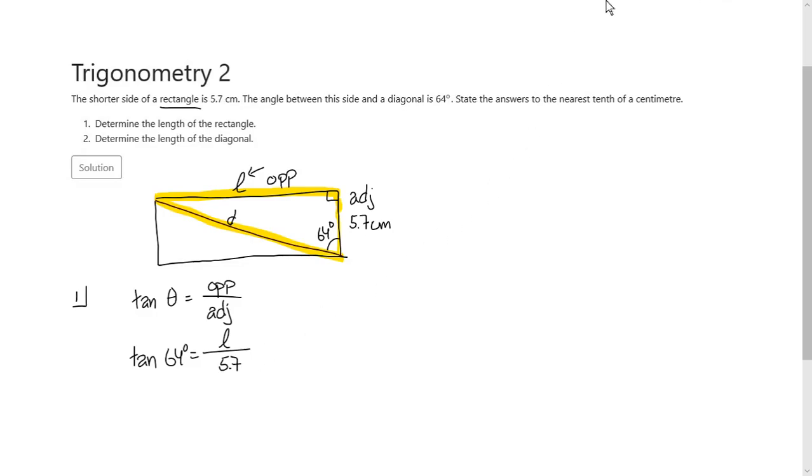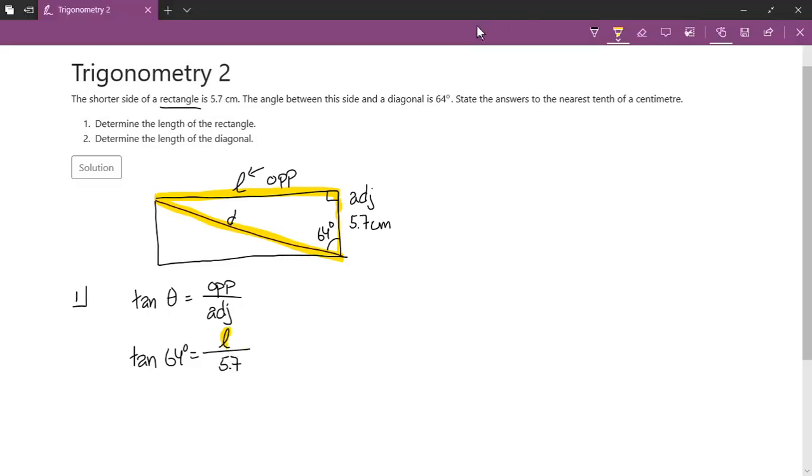Now all we have to do is solve for L. We want to get L on its own, so we can start by multiplying both sides by 5.7. Whatever we do on the left-hand side, we have to do on the right-hand side. 5.7 divided by 5.7 on the right-hand side just cancels. Actually, I'm going to flip it around and write it like this instead.